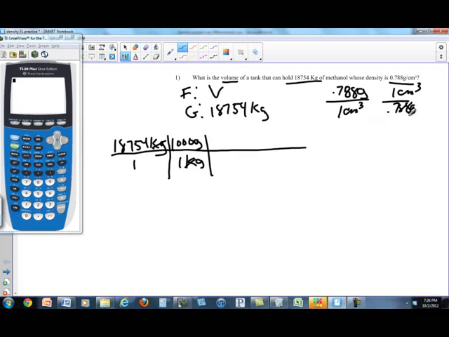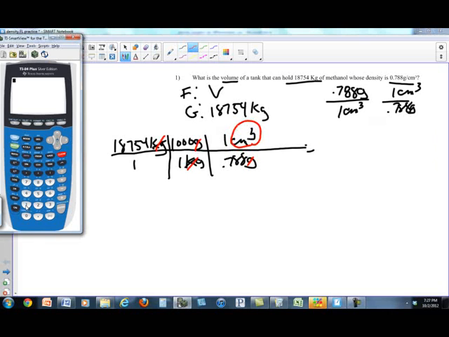Now that I've used that, I can take my grams from here, 0.788 grams, and that is going to be 1 centimeter cubed. And if I've done everything right, I can cancel kilograms, I cancel grams, and I should be left here with the units that I want, and I am.